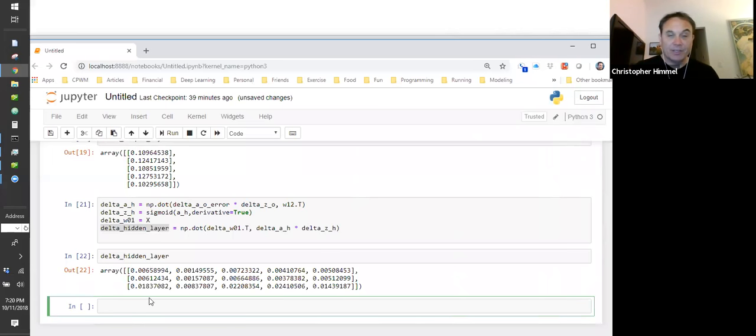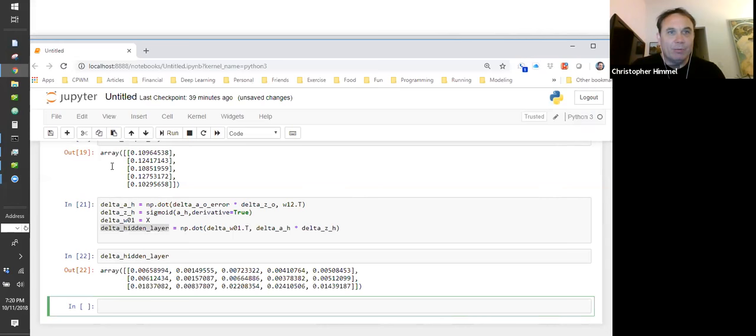In other words, the partial derivative of the error with respect to that weight. So you can see the error did not change very much with respect to each one of these weights. It changed much more with respect to these weights. Kind of interesting.